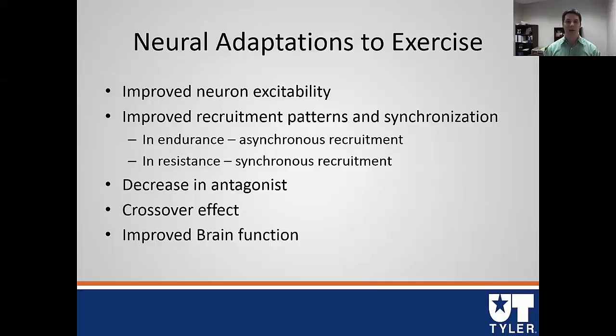As you get better and more trained in those movements, the antagonists go away. That means that the same amount of motor units will actually produce more force because they're not having to work against these antagonist muscles. Another cool neural adaptation experiment that I'll bring up is the crossover effect.